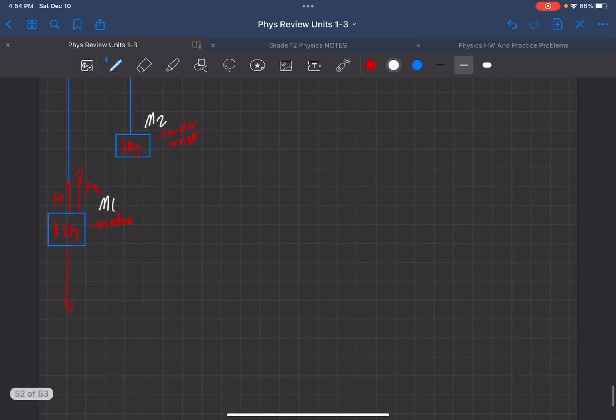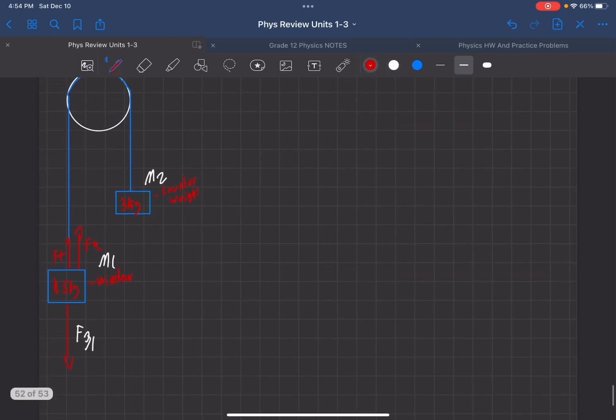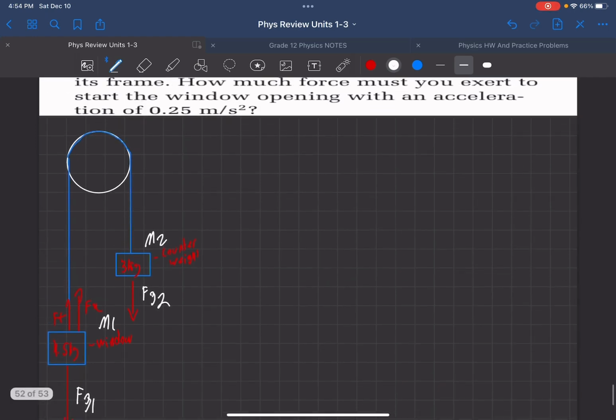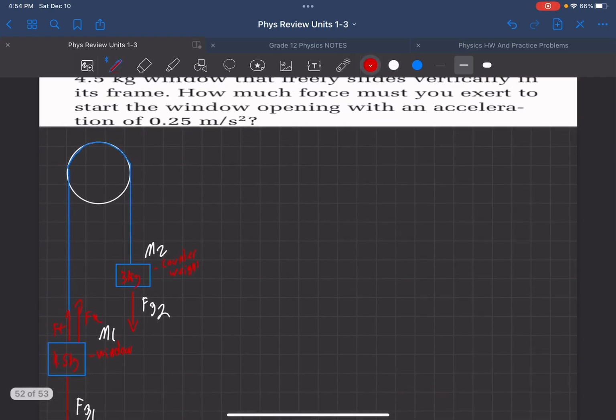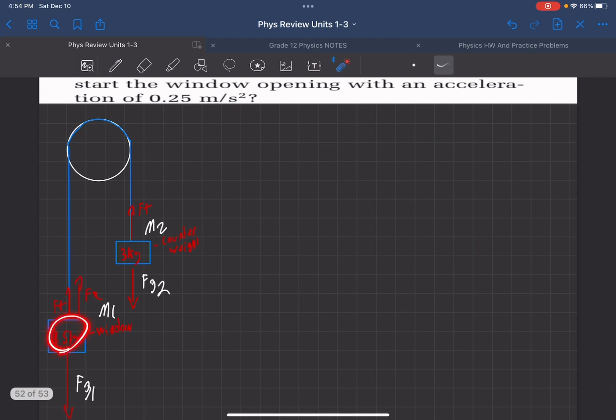So this will be Fg1, and similarly for mass 2, we have Fg2. And on mass 2, we also have a tensional force, same in magnitude, opposite in direction to the tensional force on the first mass.